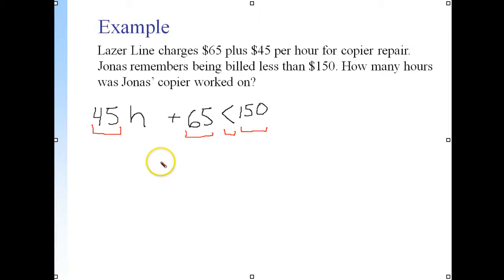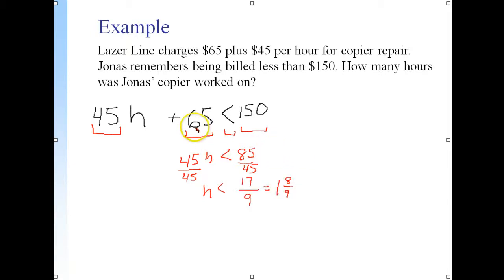You want to know how many hours? I would subtract 65 from both sides. And this looks like 85 over here. Take 50 and another 15. Yep. Then we're going to divide both sides by 45. And this will be our number of hours.